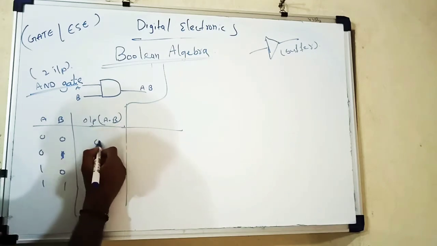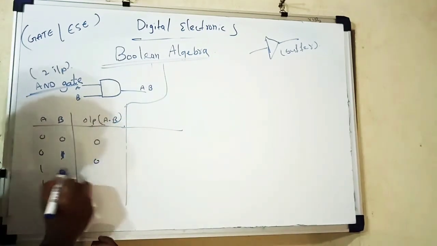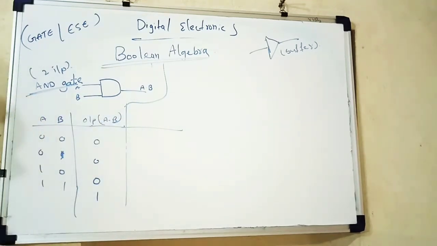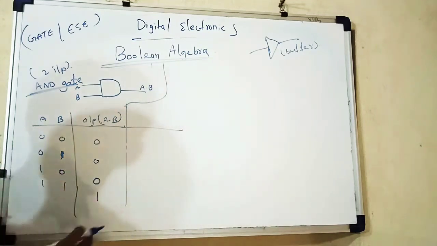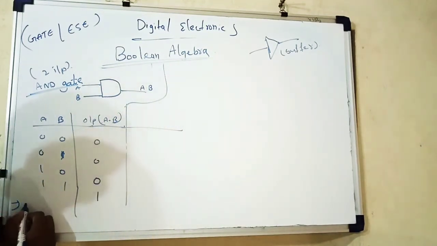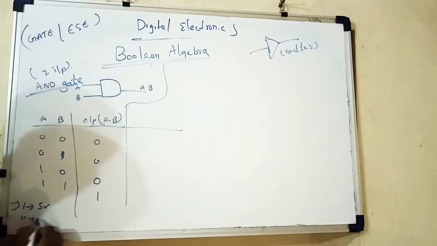The output will be A into B, meaning just the product: 0 into 0 is 0, 0 into 1 is 0, 1 into 0 is 0, 1 into 1 is 1. The AND gate is nothing but whenever all inputs are high, the output will be high. This output is 1. In digital electronics, high means 1, which is 5 volts. Low means 0, which is 0 volts.